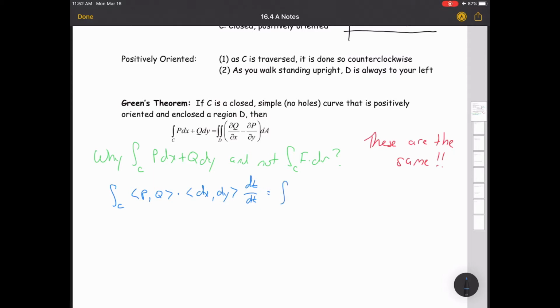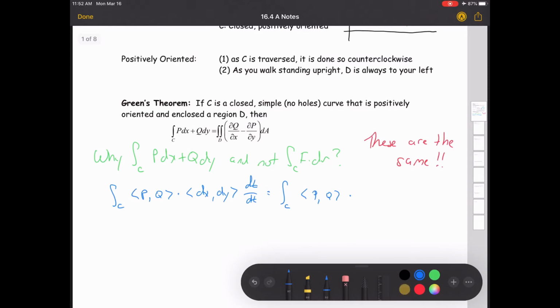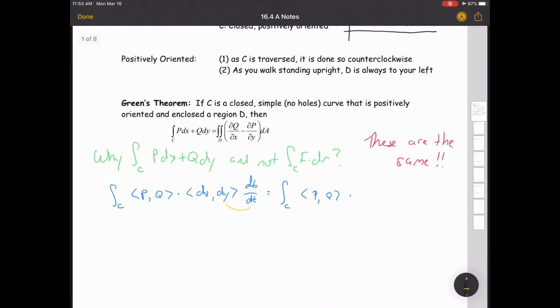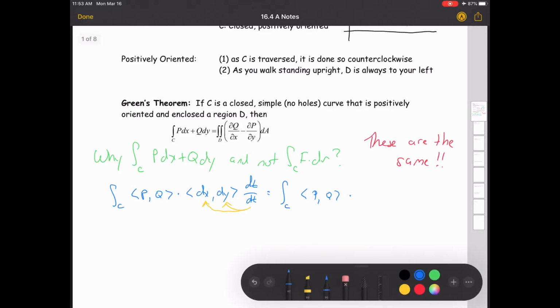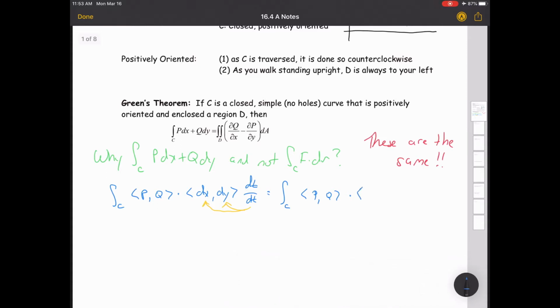This can be rewritten as the line integral over C of PQ dotted with, now if I distribute the dt in the denominator to each one of these, just leaving the top dt on the outside, which algebraically we can do, we would get dotted with dx dt, dy dt, dt.